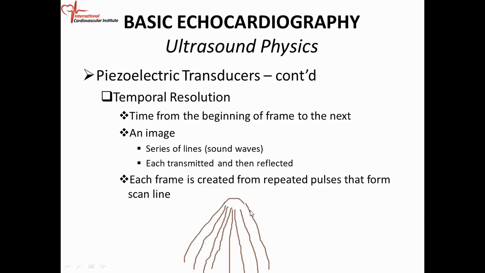Each line is a transmitted and a reflected pulse: you send out an ultrasound wave to the tissue, and it is reflected back to the probe. A number of scan lines make up the frame, so each frame is created by repeated pulses. Okay? So you see that?